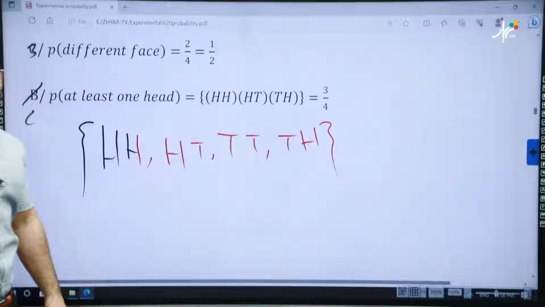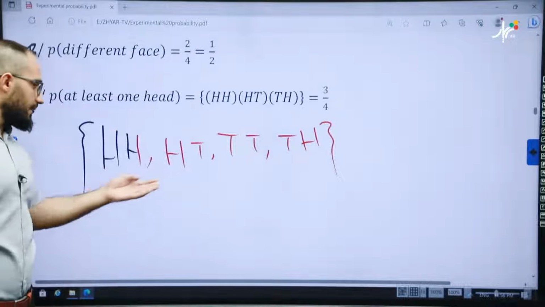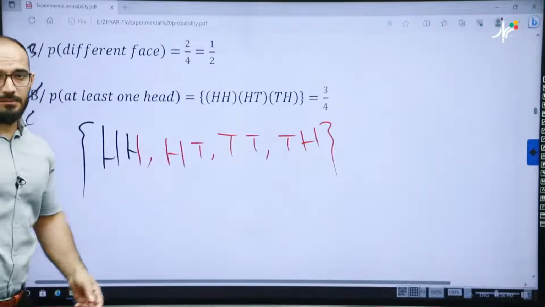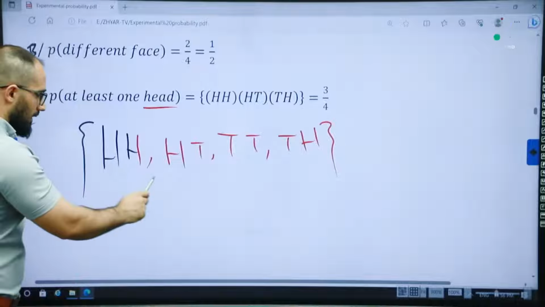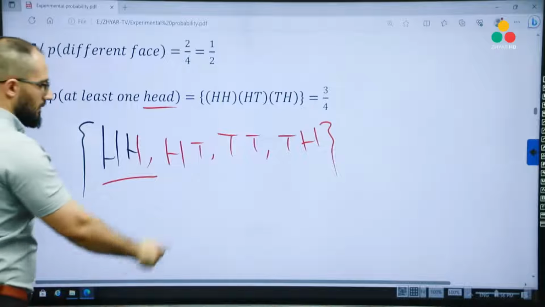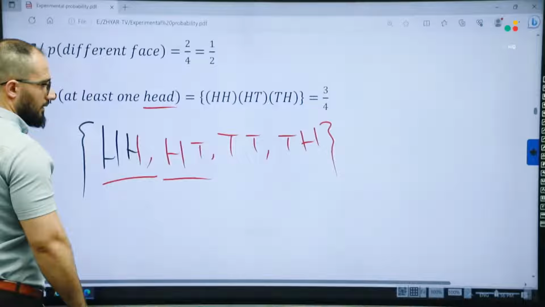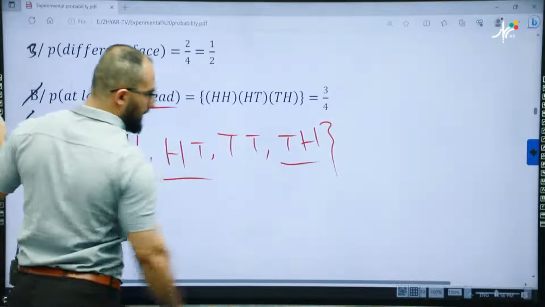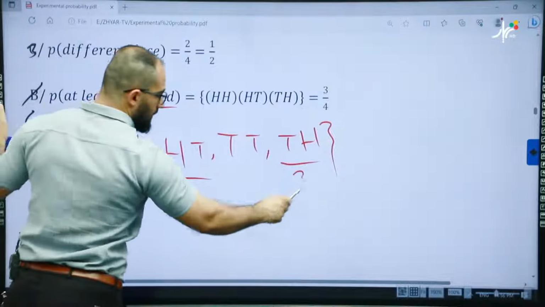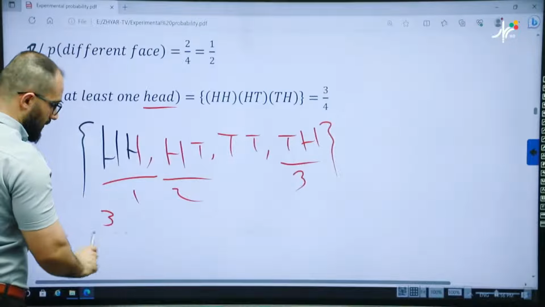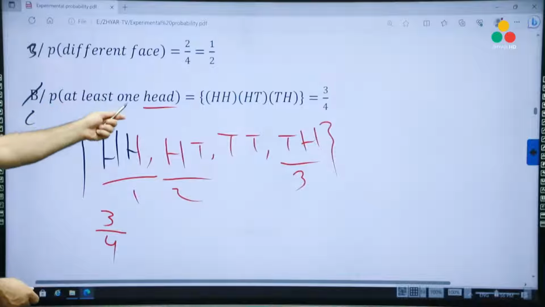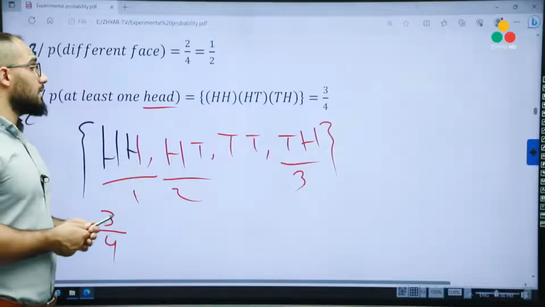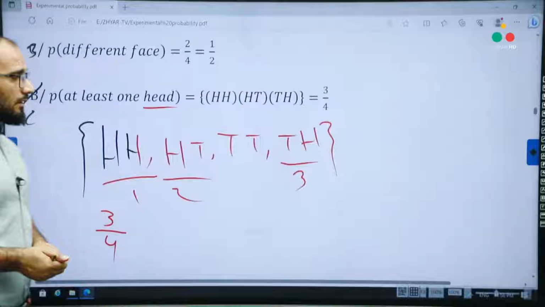It says at least. Among this list, among the outcomes, at least you see 1 head. So we have here, and also we have at least 1 head, at least 1 head. So 1, 2, 3 results. So it's going to be 3 over 4, and it is the simplest form. So the probability of at least 1 head when you toss 2 coins is 3 over 4.